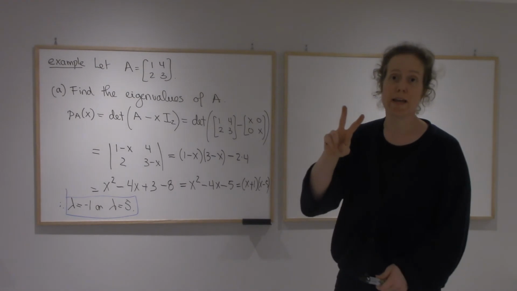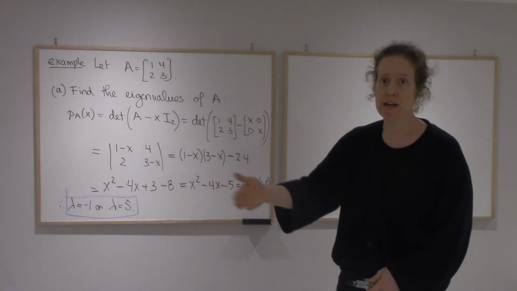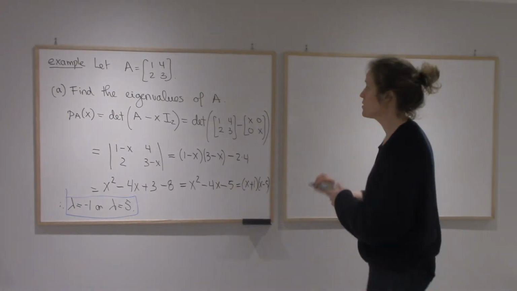We have two eigenvalues. They both have eigenvectors, so let's find one eigenvector for each.